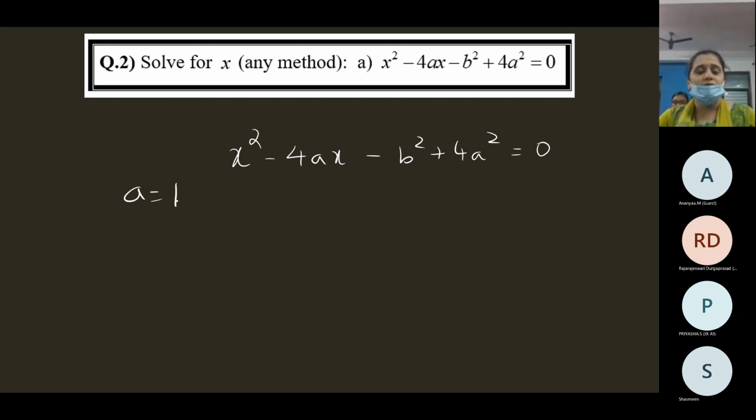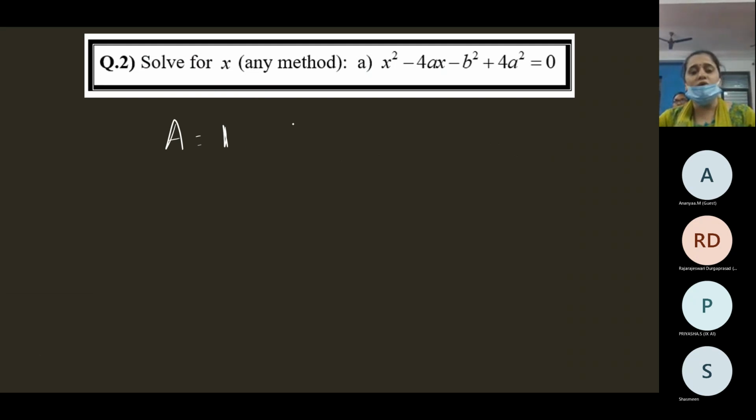So let me use a capital A. A is 1, the coefficient of x squared. B is the coefficient of x, which is minus 4a. And C is all the others, which do not have x or x square in it.